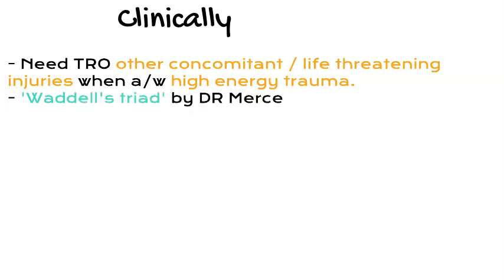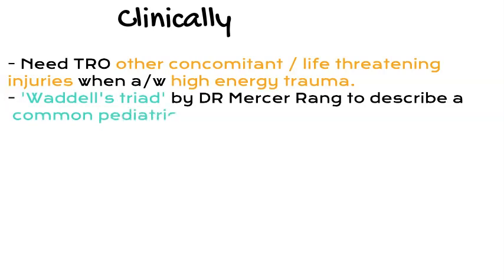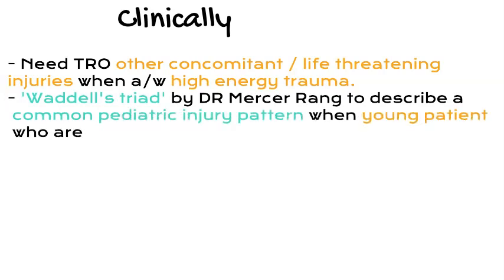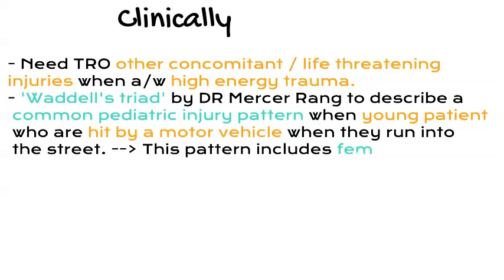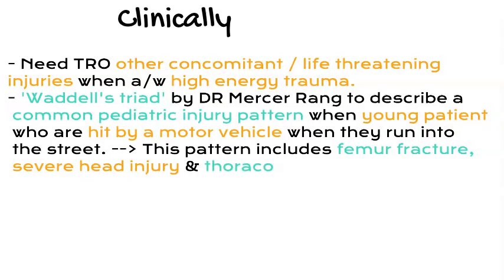Waddell's triad, described by Dr. Mercer, is a common pediatric injury pattern when young patients are hit by a motor vehicle when they run into the street. This pattern includes femur fracture, severe head injury, and thoracoabdominal injury.